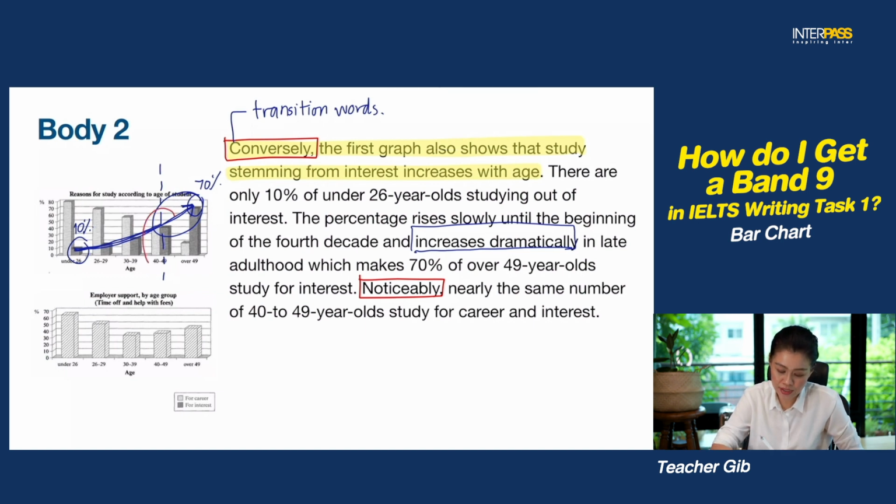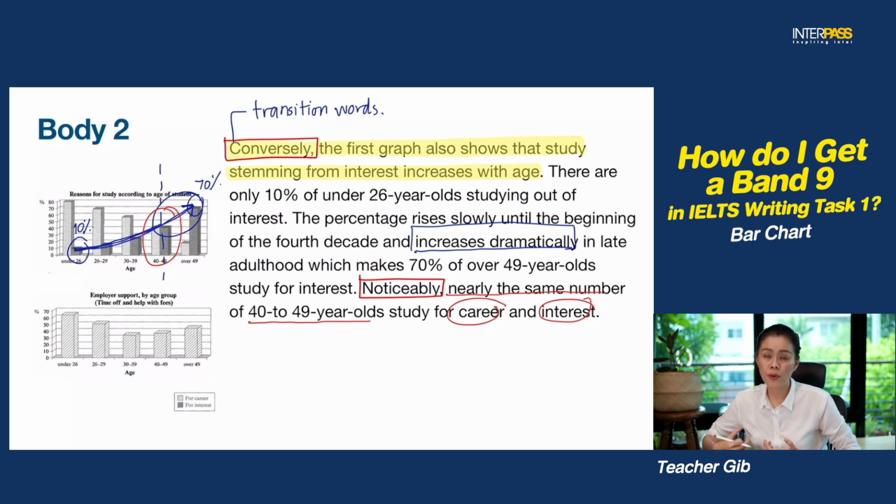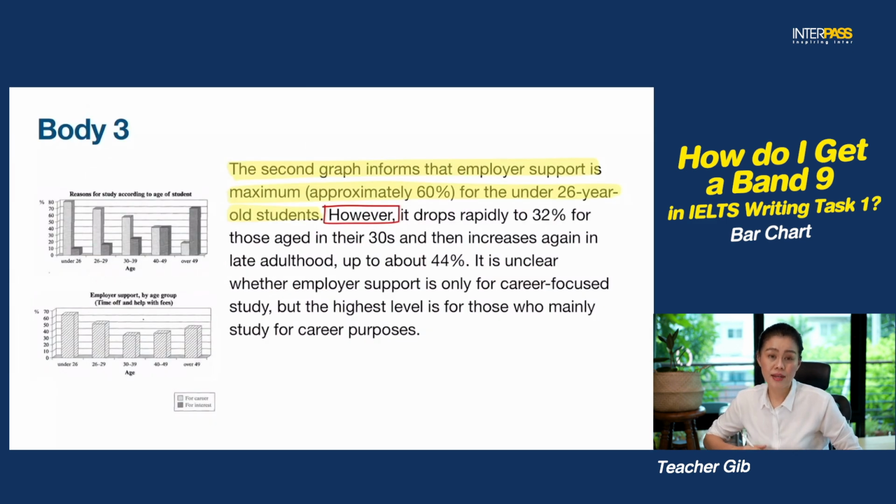This is the part they mentioned in the last sentence: nearly the same number of this age group study for career and interest. You can mark the very important point that you want to present to the reader, just like this, and then move on to the next graph.